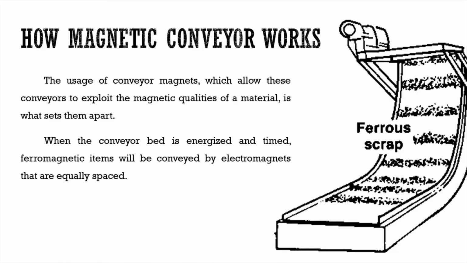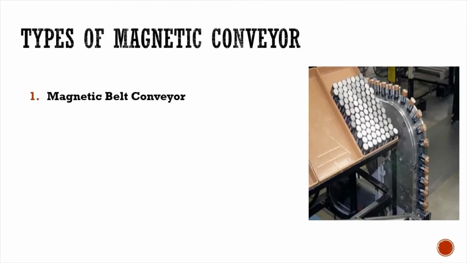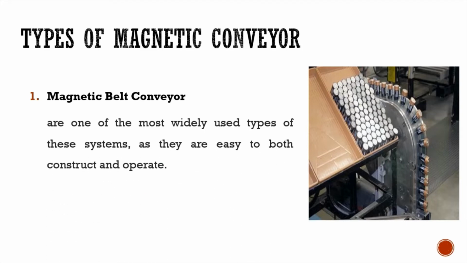When a conveyor bed is energized and timed, ferromagnetic items will be conveyed by electromagnets that are equally spaced. Types of magnetic conveyor. First is a magnetic belt conveyor. Magnetic belt conveyors are one of the most widely used types of these systems, as they are easy to both construct and operate.